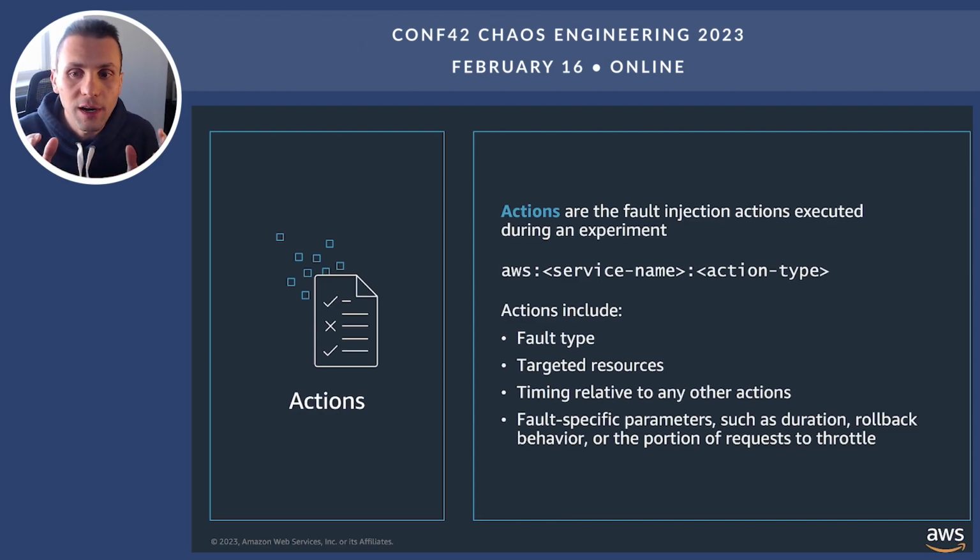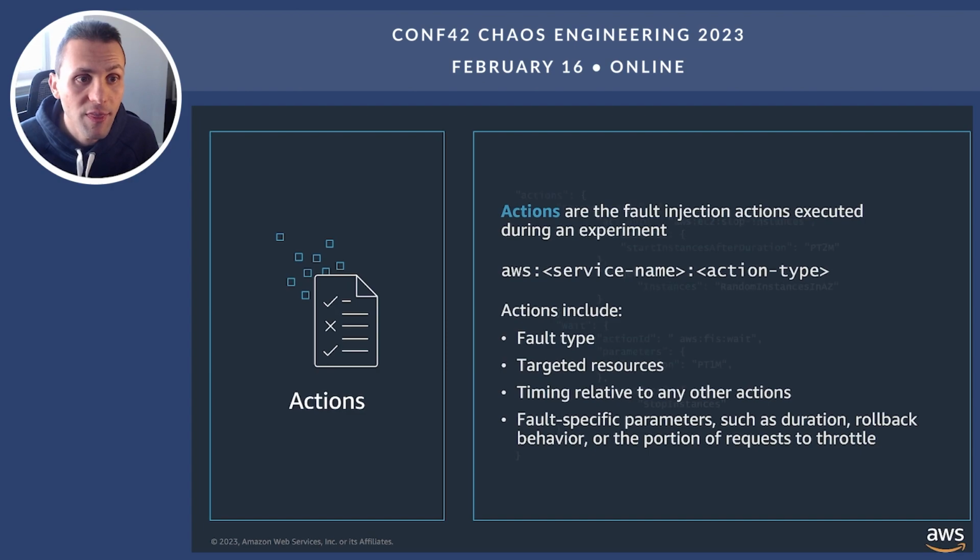They are defined using a namespace, so you can see that it will be AWS : the service name : action type. The action types can include fault types, target resources, the timing relative to any other actions, and fault injection parameters such as duration, the rollback behavior, or the portion of the request to throttle.